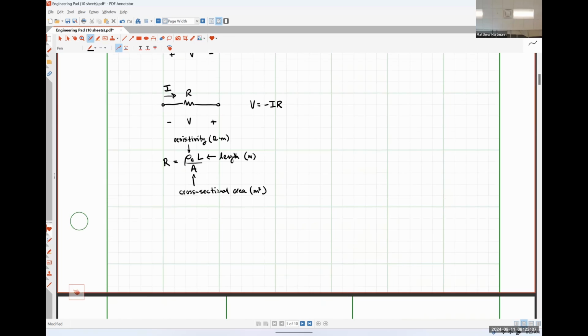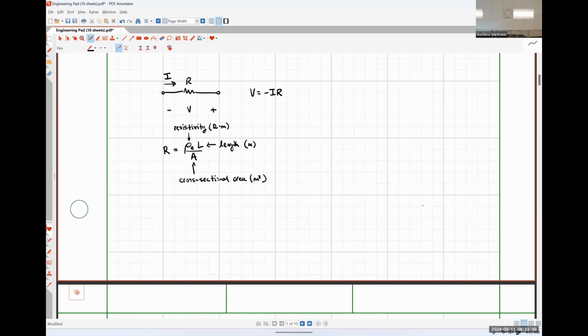So let me make sure we all have a good understanding of what those dimensions mean by looking at a wire, okay? So let's say that I have a wire, and these squiggles here are just meaning that I don't want to draw a whole really long wire, so I'm just subdividing it into two parts.